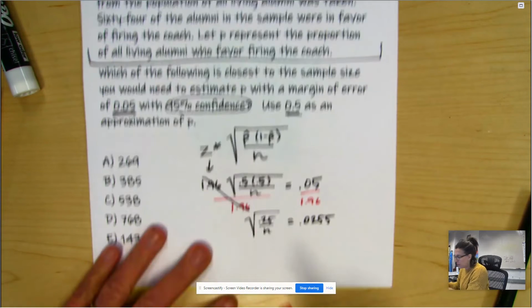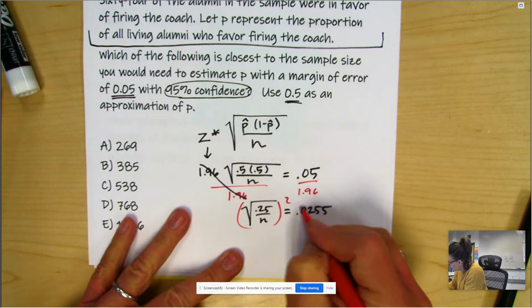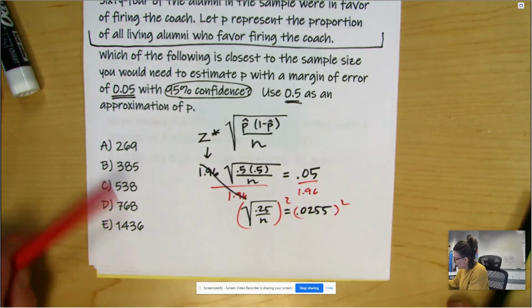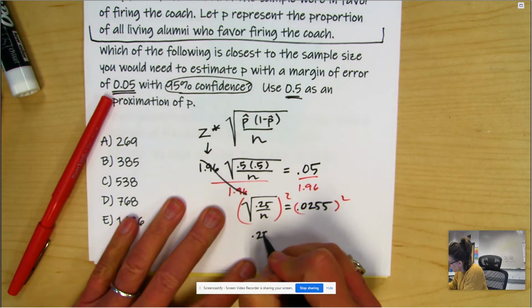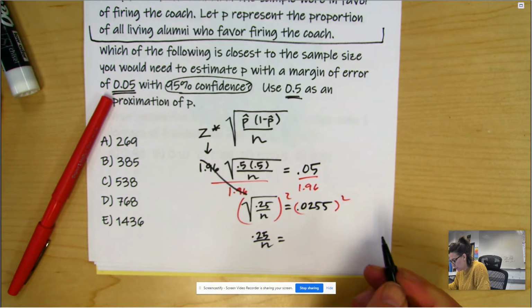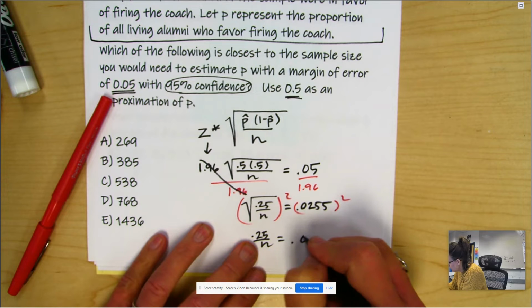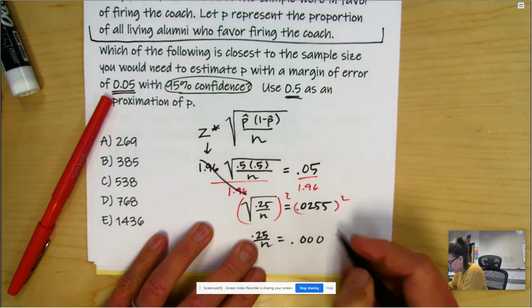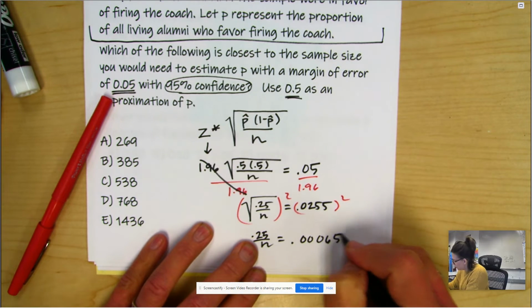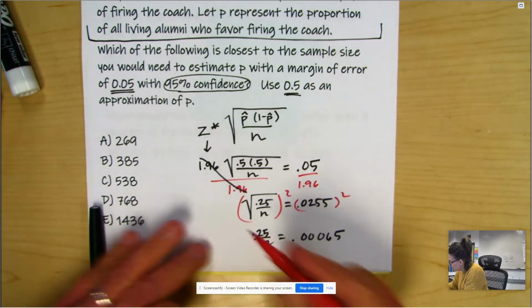Now I'm going to square both sides. So we're going to have 0.25 over n equals 0.0255 squared, which is 0.00065. So we'll multiply both sides by n.